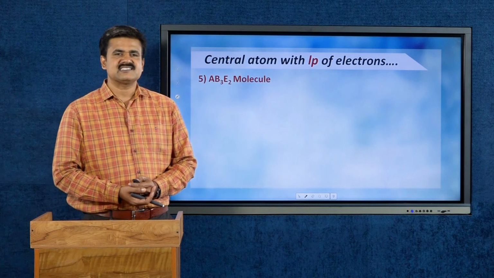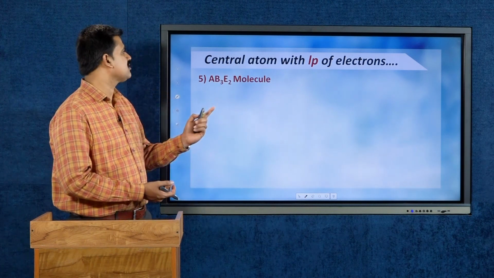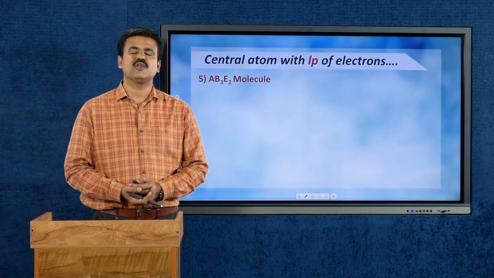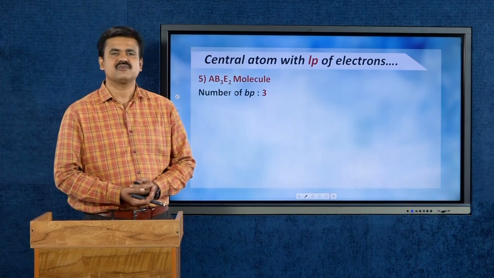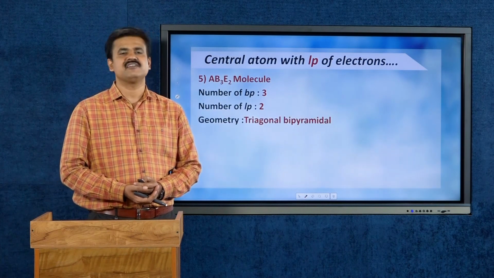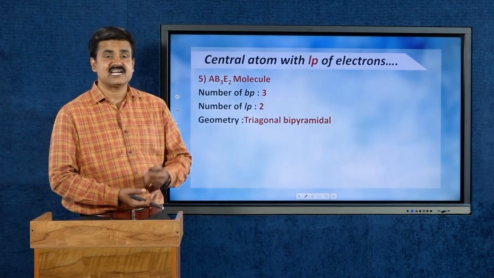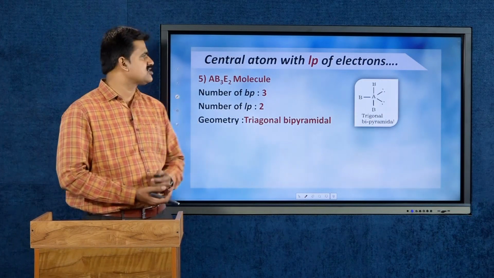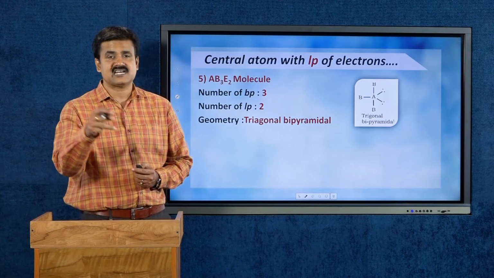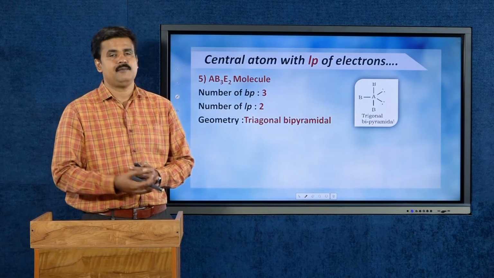Now we are discussing another category of molecule with lone pairs of electrons, that is the AB3E2 molecule. In AB3E2, there are a total of 5 electron pairs, out of which 3 are bond pairs and 2 are lone pairs. Since there are 5 electron pairs, the geometry of the molecule is trigonal bipyramidal, and the 2 lone pairs are again in the trigonal arrangement, in the triangle.